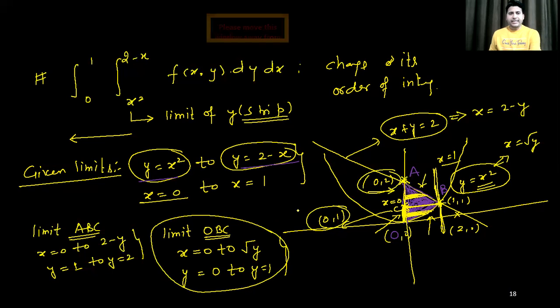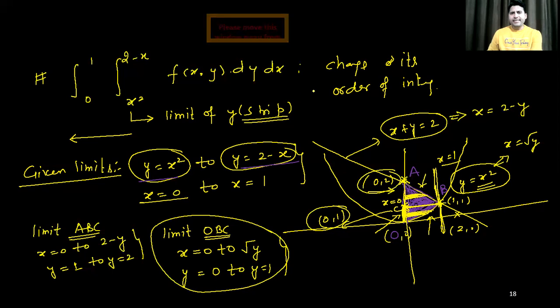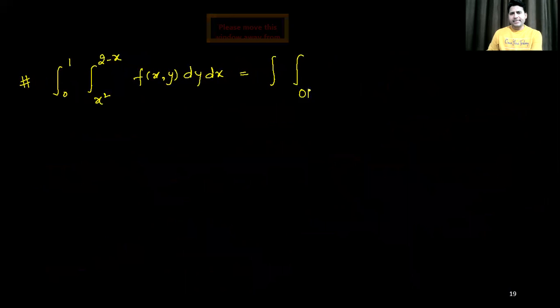So let us put the integral, how it looks. We are having 0 to 1. The second limit is what? x squared to 2 minus x. Inside, we are having function of x comma y dy dx. It will equal two integrals, one for the region OBC, another for ABC.